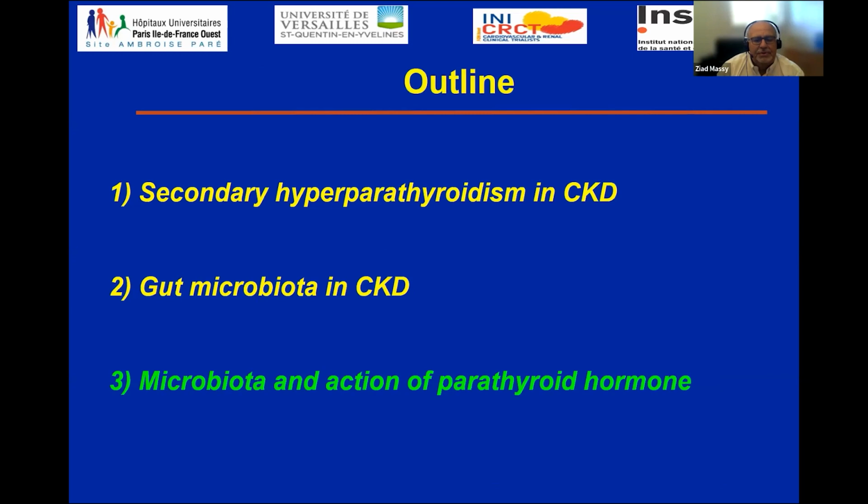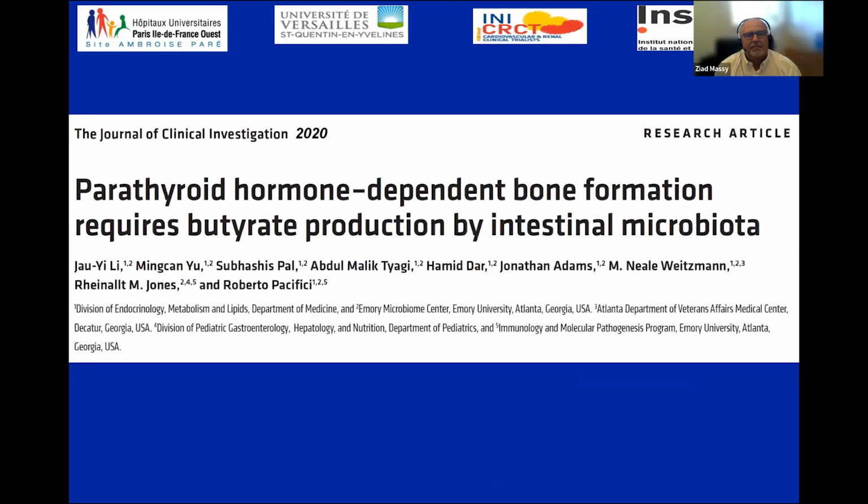Let's move to the effect of microbiota on parathyroid hormone. The majority of the work done is coming from Professor Pacifici from Atlanta, United States. He initially published work related to parathyroid hormone and bone formation, which is modulated by butyrate production.